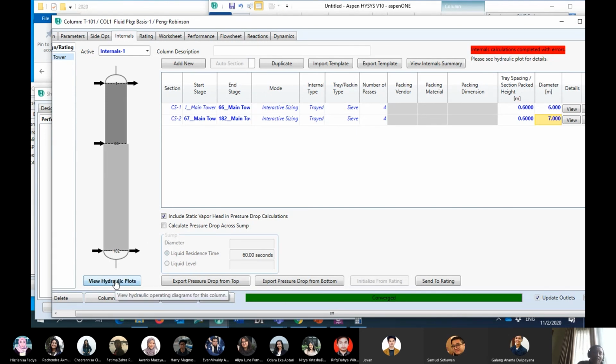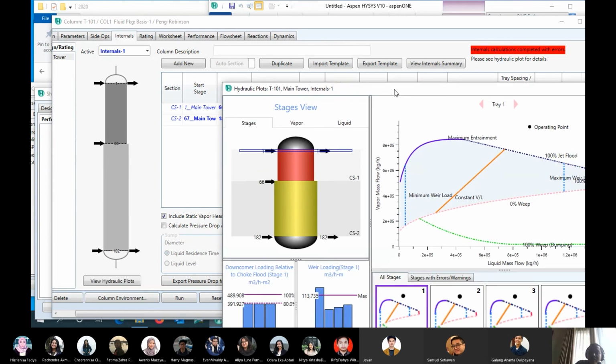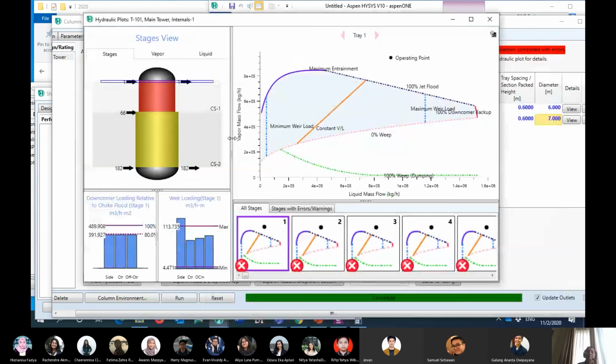You can click the view hydraulic plot here. By clicking that one, it will show you the condition of the operation.